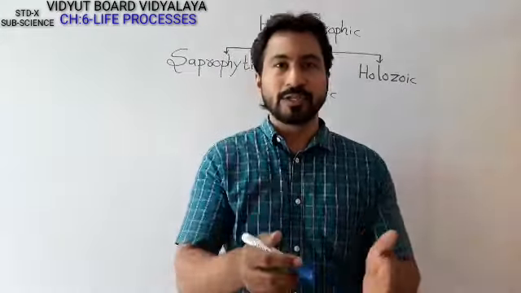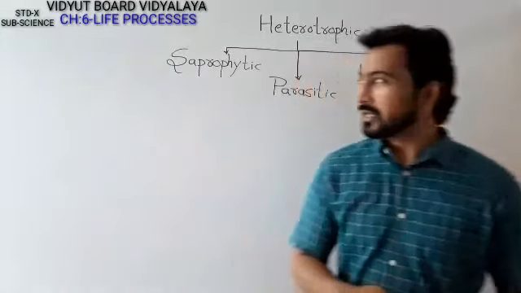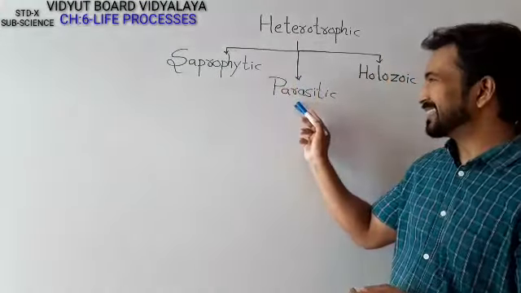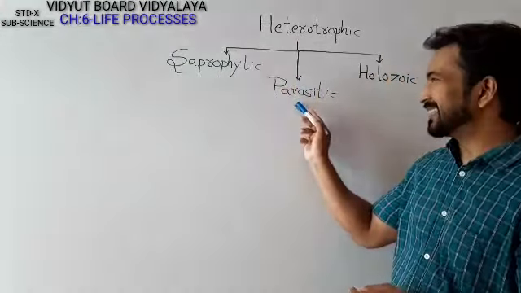So therefore they are said to be the heterotrophic organisms, and the nutrition performed by them is said to be the heterotrophic nutrition. Well, there are 3 major categories in case of the heterotrophic nutrition. Which are they? They are the saprophytic, the parasitic, and the holozoic mode of nutrition.